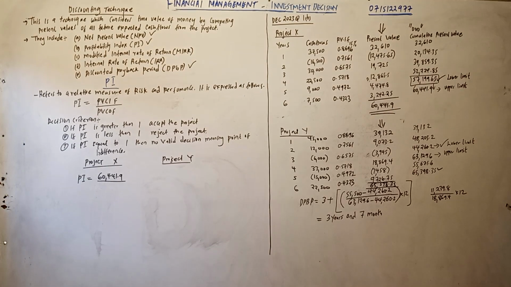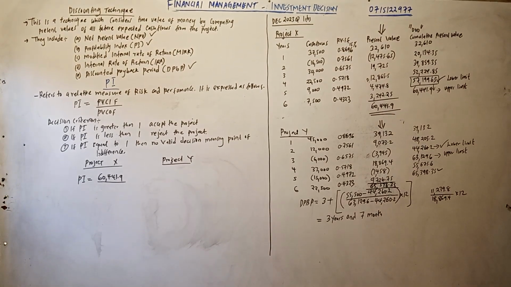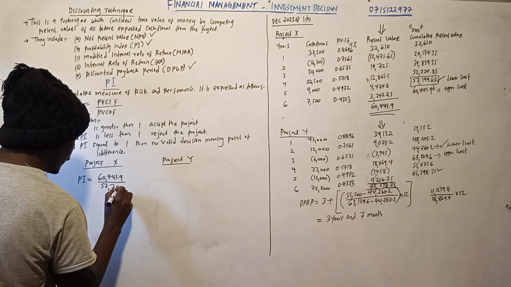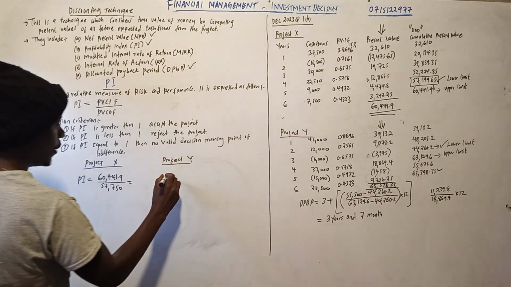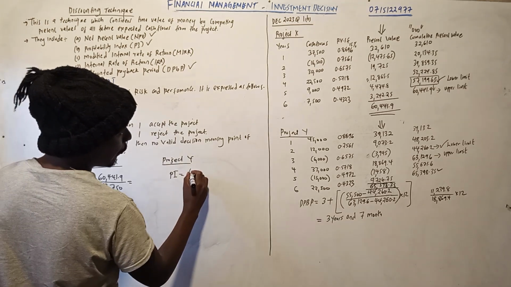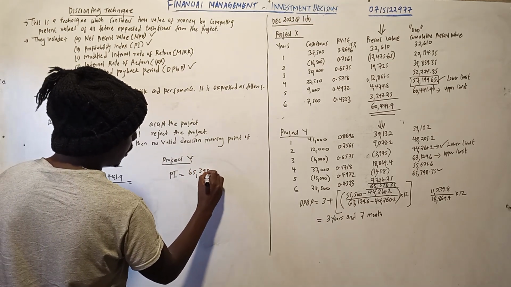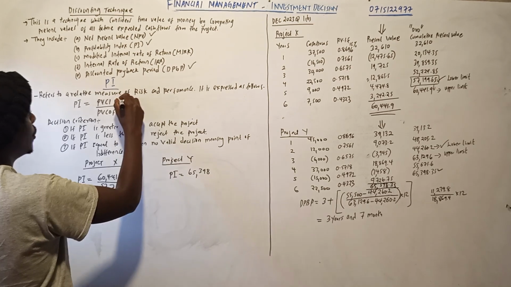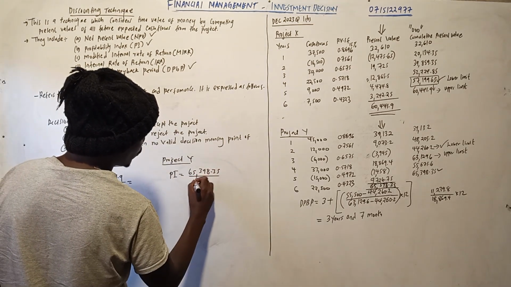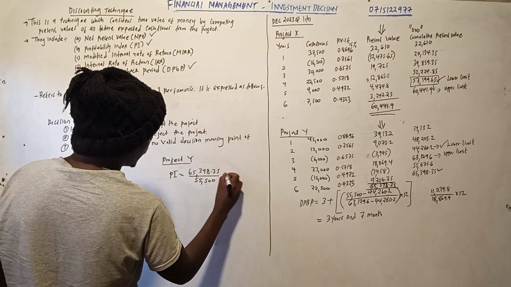So what was the cost of this project? Ilikuwa nikikumbuka ilikuwa inasema 57,750. Haya, huu mwingine PI itakuwa ni 65,398.35 divided by cost, which was 55,500.